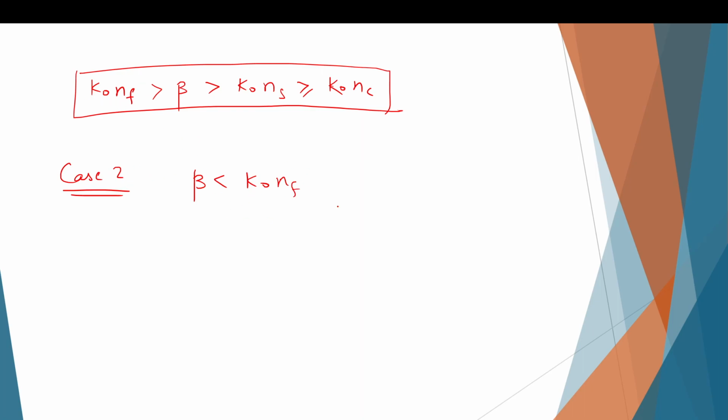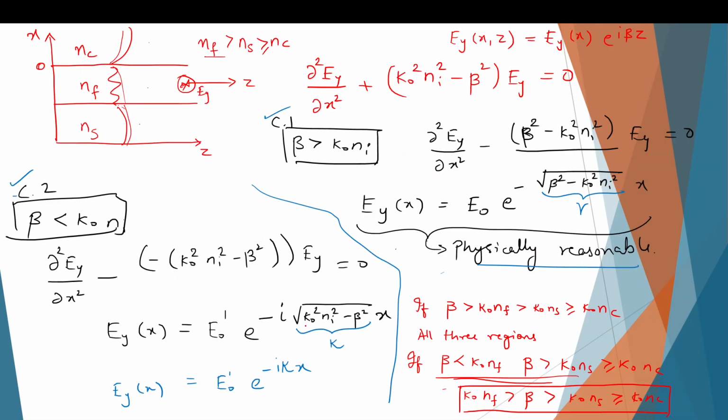In this case we will have oscillating solutions, of the form some E naught times e power minus i kappa x, where this kappa is nothing but the square root of k naught nf squared minus beta squared.